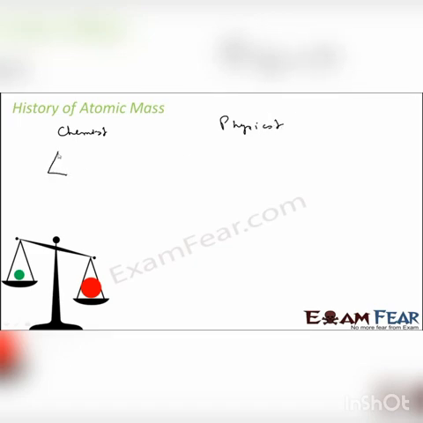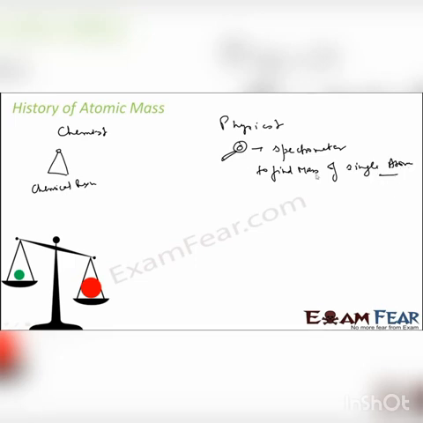The chemists were using chemical reactions, and the physicists were using a high-powered tool, the spectrometer, to find the mass of a single atom. They could find the actual mass of a single atom, and the chemists were using chemical reactions to find relative mass. So there was a conflict.